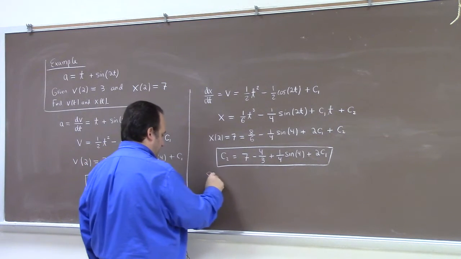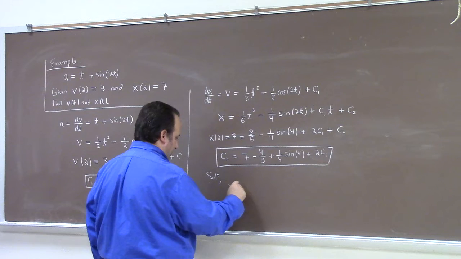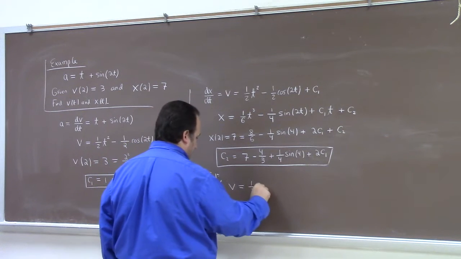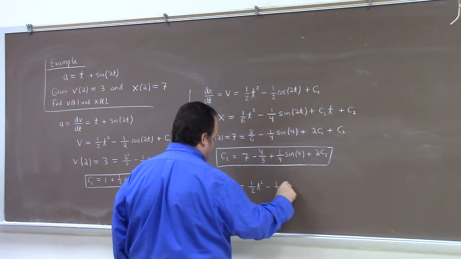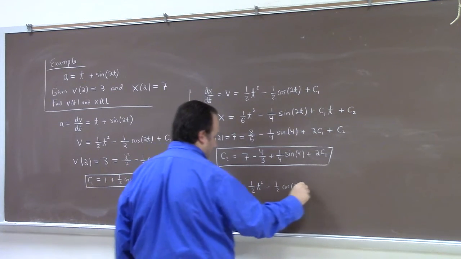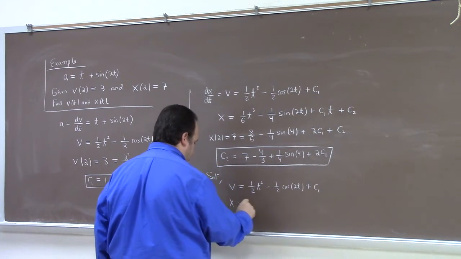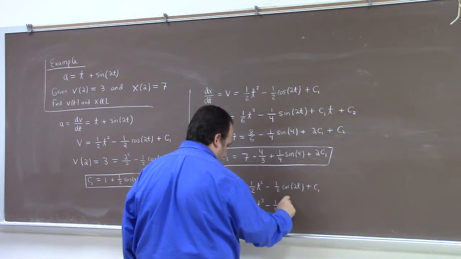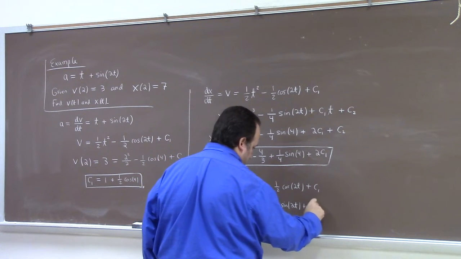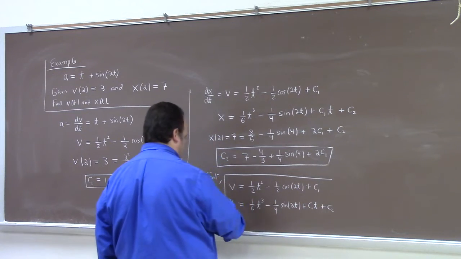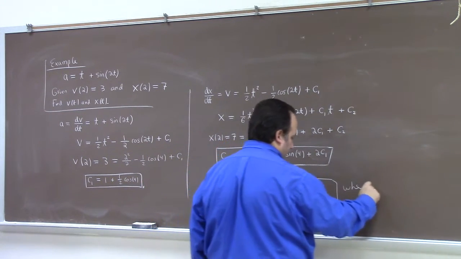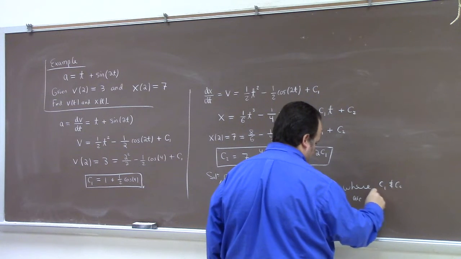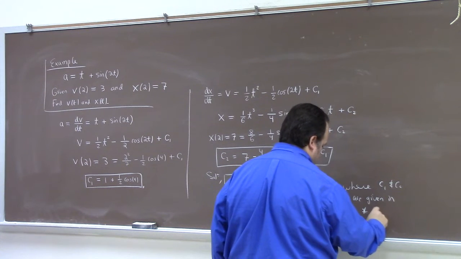So the solution: v equals 1/2 t squared minus 1/2 cosine of 2t plus c1, and x equals 1/6 t cubed minus 1/4 sine of 2t plus c1 t plus c2, where c1 and c2 are given in star and star star.